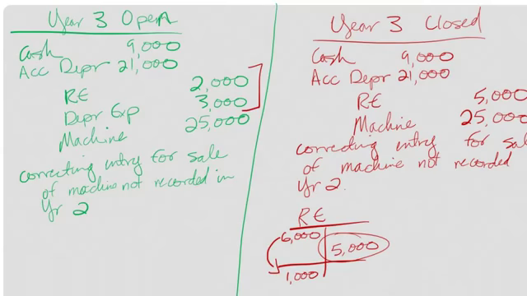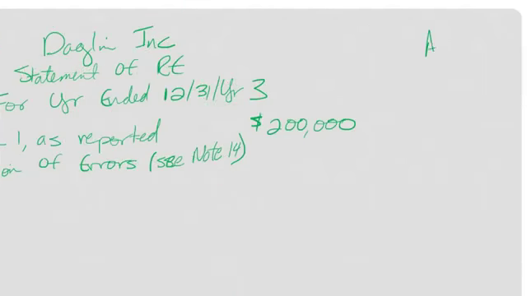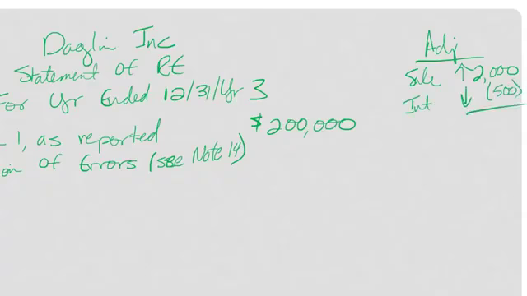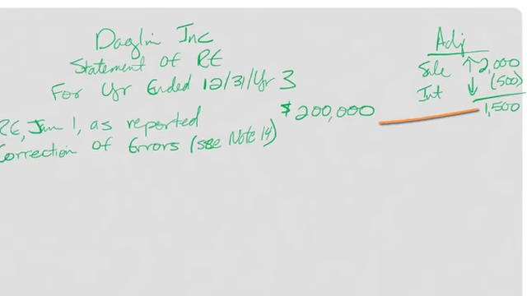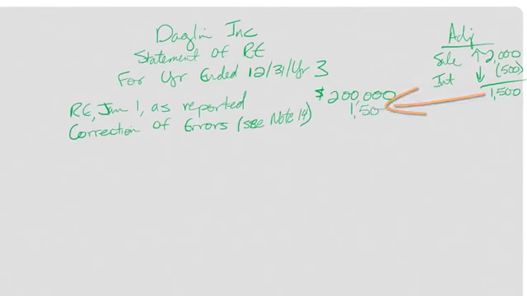We would have credited retained earnings for $2,000 because of the asset that we didn't write off of our books. Our correction: the sale increased retained earnings by $2,000, and the interest decreased retained earnings by $500. So the net effect would be a $1,500 adjustment.